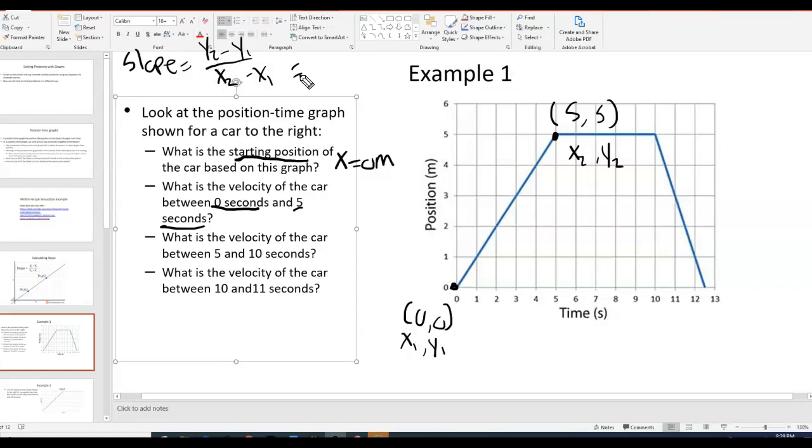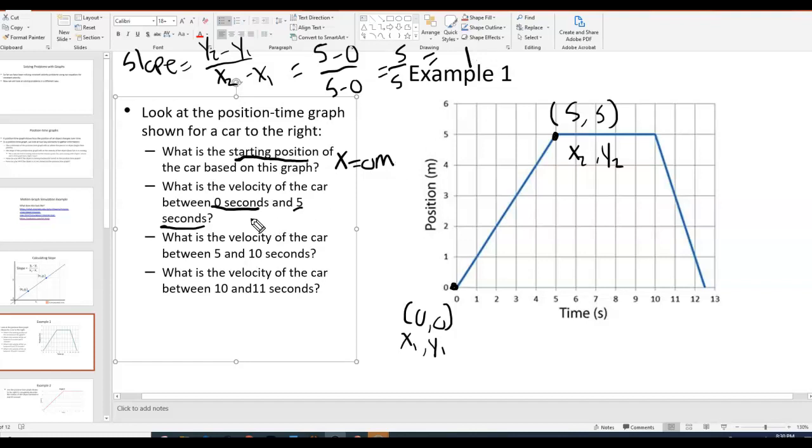So y2 is 5, so I'm going to do 5 minus y1, which is 0, divided by x2, which is 5, minus x1, which is 0. 5 minus 0 is 5, 5 minus 0 is 5, and then 5 divided by 5 is 1.